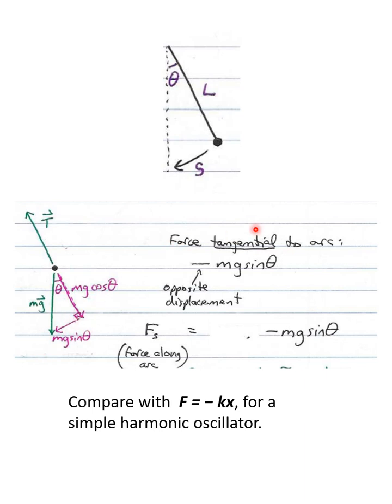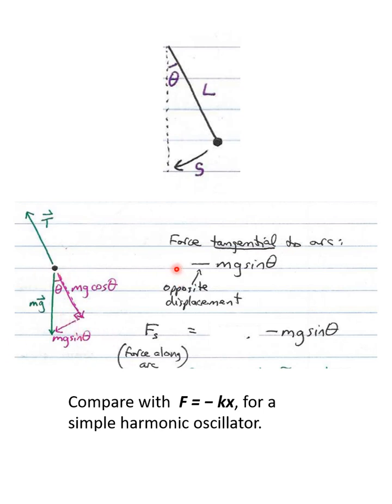The force tangential, I'm sorry, a minute ago I said tangential to the string. I meant tangential to the arc that it's traveling. The force tangential to the arc, which is right here, that's going to be the force that's going to bring it to equilibrium. And that is mg times sine of theta by the trig of this right triangle.